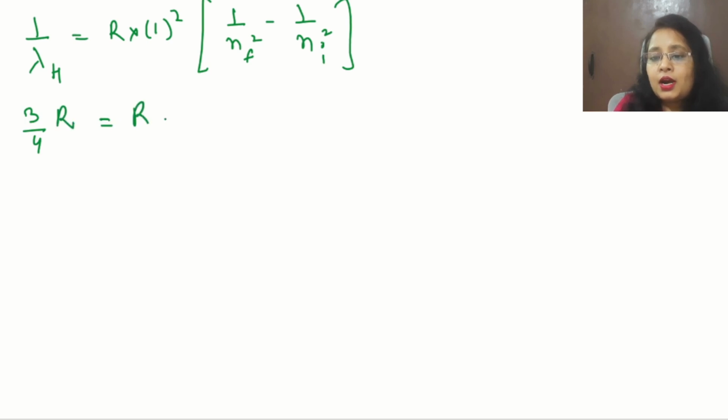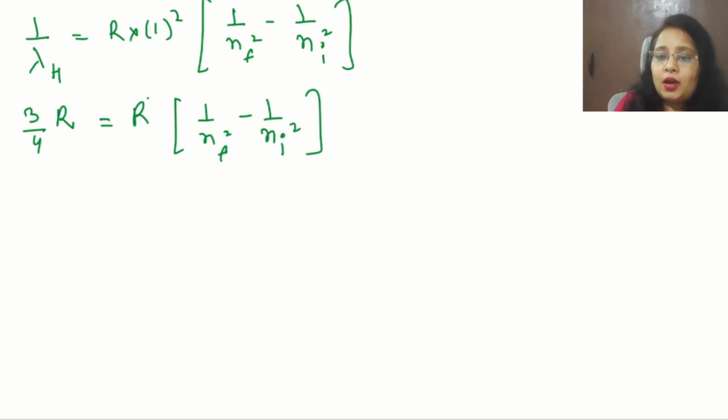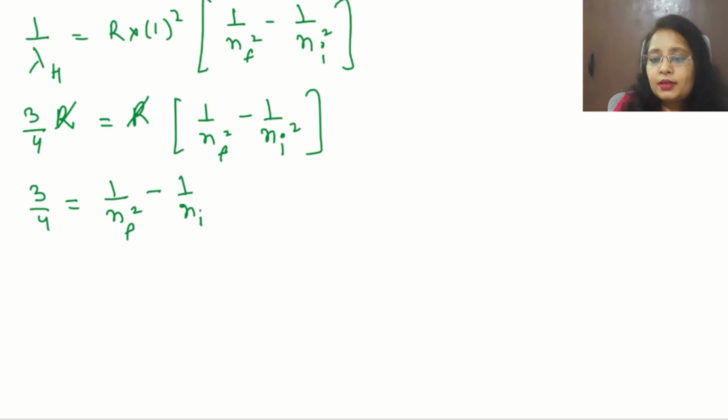Now 1 square is 1, so R into 1 is R, times 1 upon n final square minus 1 upon n initial square. Now R and R will be cancelled. So we get 3 by 4 is equal to 1 upon n f square minus 1 upon n initial square.